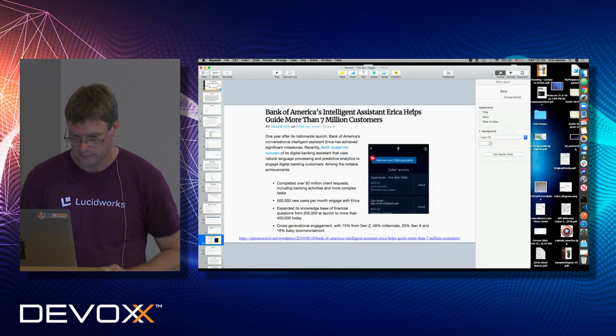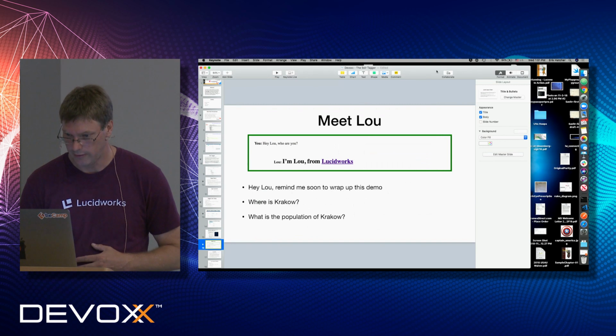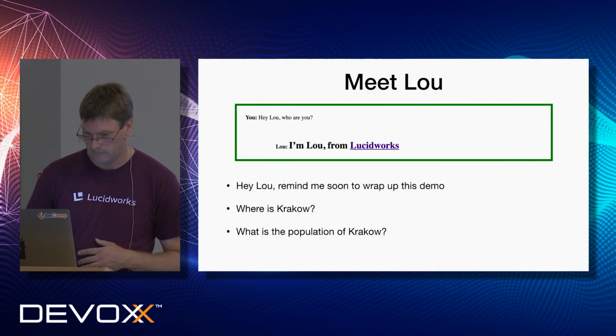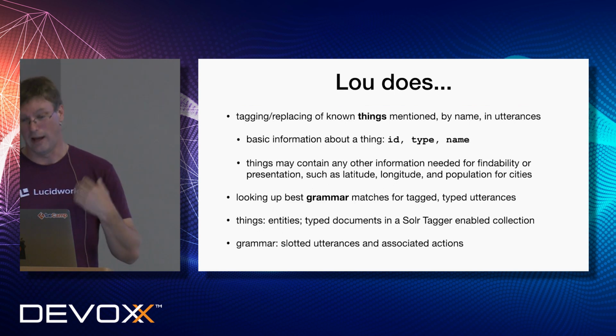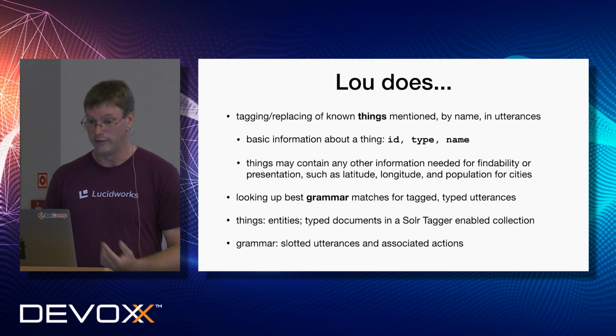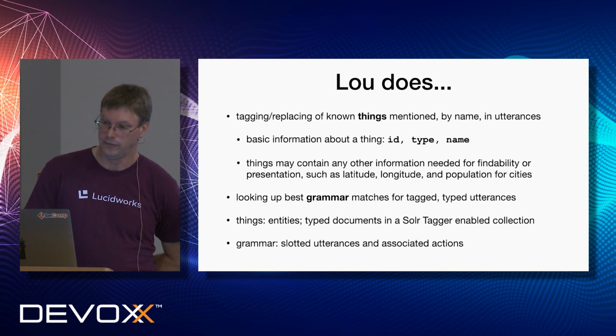That is Lucene. And let me just, I've got a screenshot there for that. All right. And this just describes what I just talked through and how it does slotted utterances and finds the associated actions there.